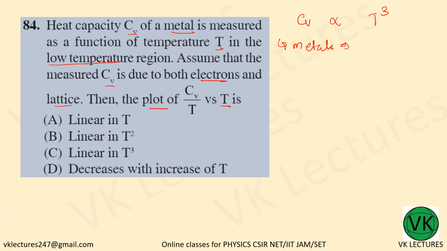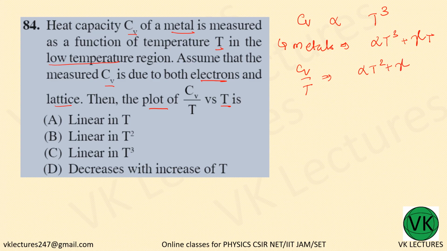For metals, Cv equals alpha T cube plus gamma T. Now the question is, you have to find Cv by T. Cv by T will be equal to alpha T square plus gamma.